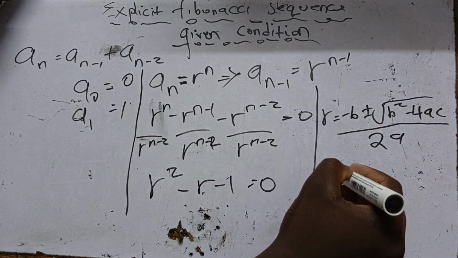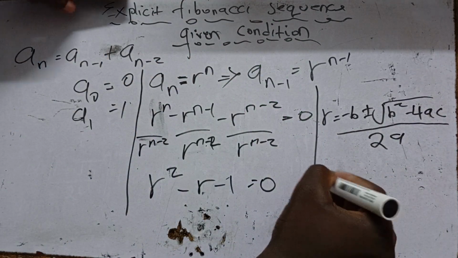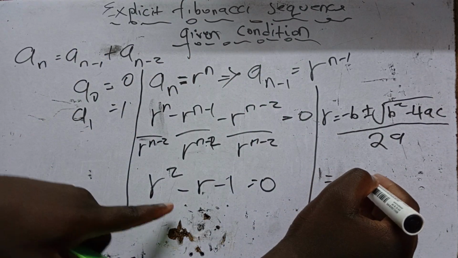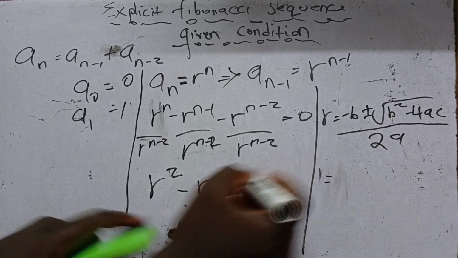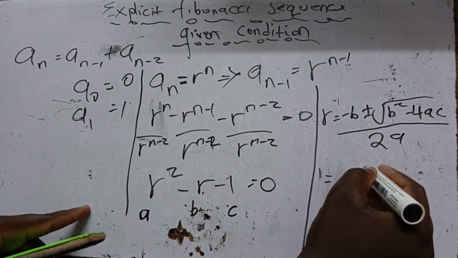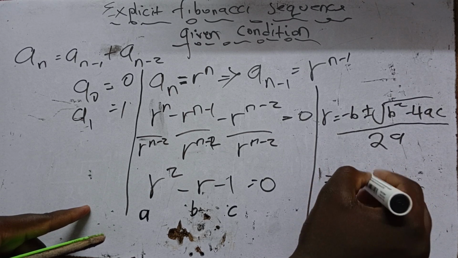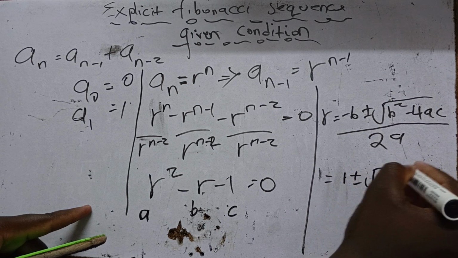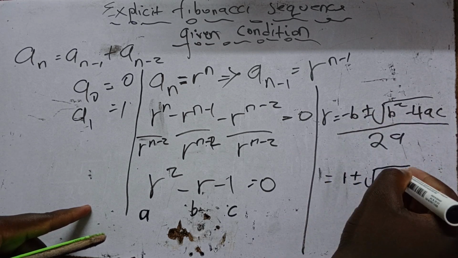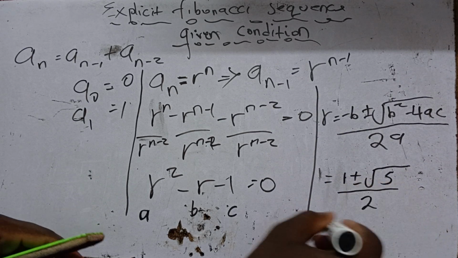Now if you substitute, this is our a, this is our b. Our b was negative, so this will be 1 plus or minus root 5, divided by 2.